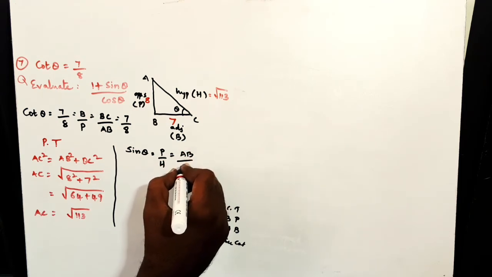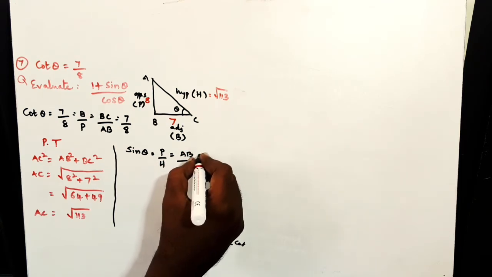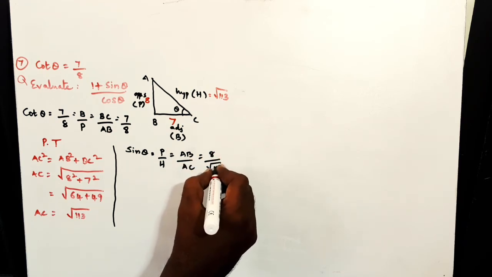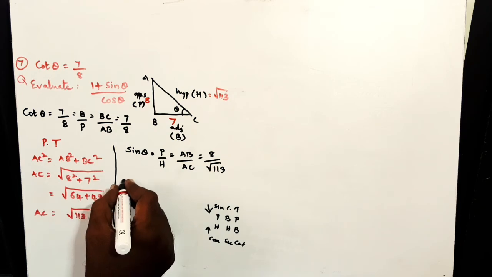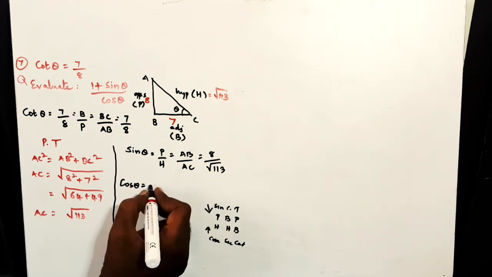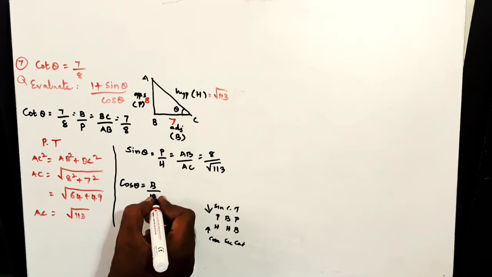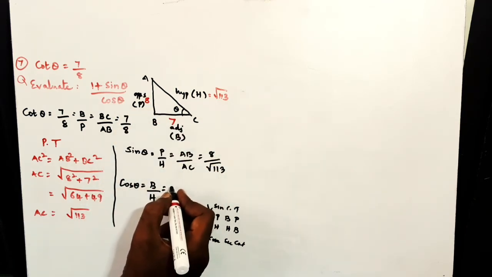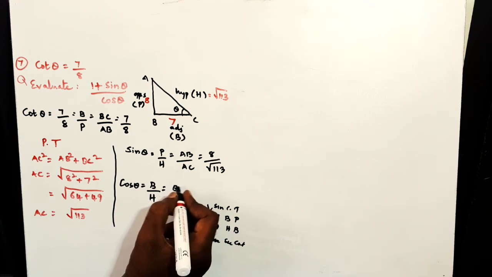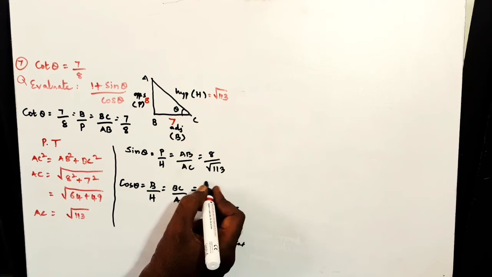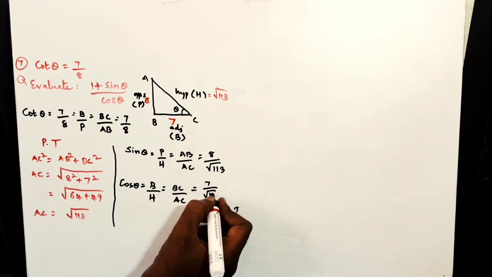H is AC. AB means 8, AC means root 113. Then cos theta is B by H. What is B? BC. H means AC. BC by AC is equal to 7 by root 113.